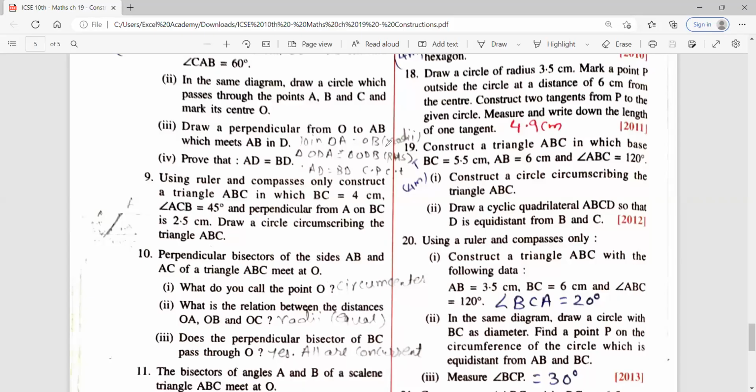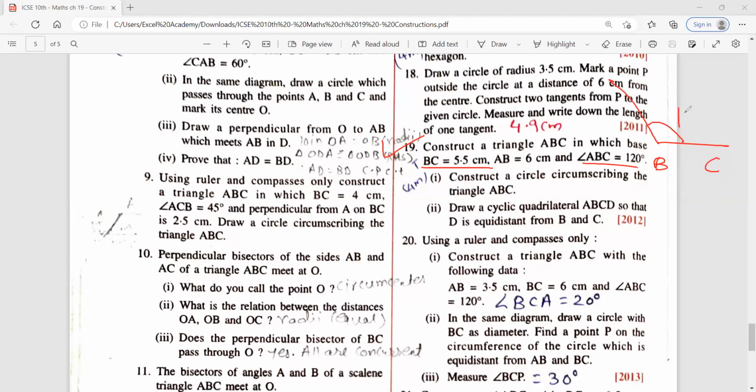Okay, let's do question 19. Construct a triangle ABC in which base is 5.5. So first of all, you have to draw the base BC 5.5 centimeter. Right, then angle ABC is given. So if you draw B to the left, you know the angle, right?